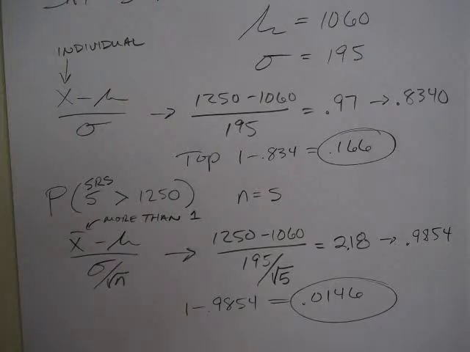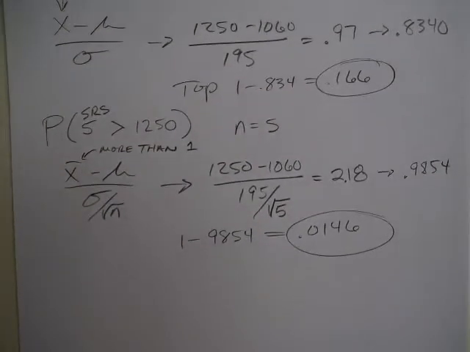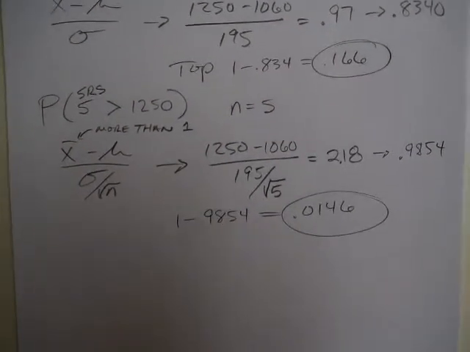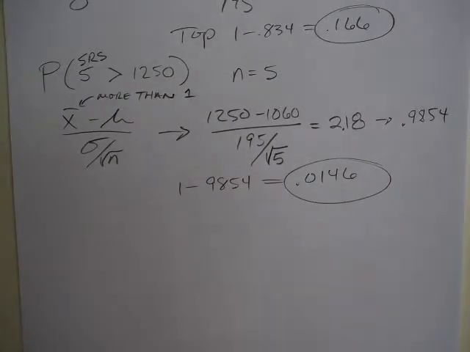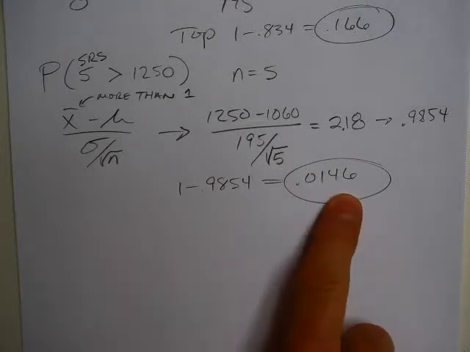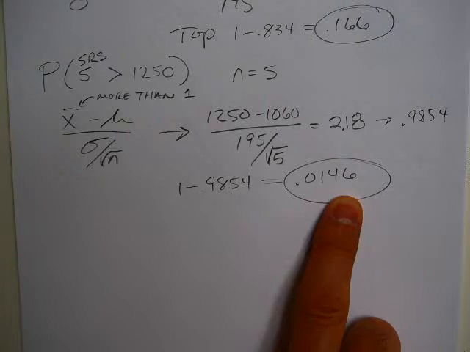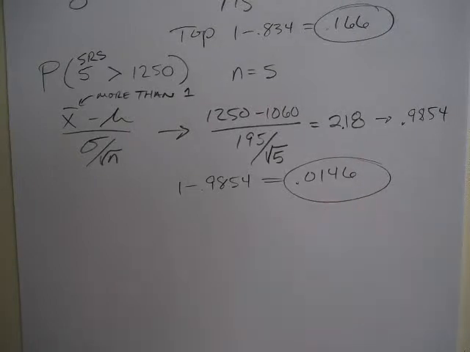What if we go to 10? What do you say? How likely do you think it would be to get 10 people randomly selected to have an average SAT score of 1250 or more? If this one's that, the next one's going to be probably really small, huh? Let's see.